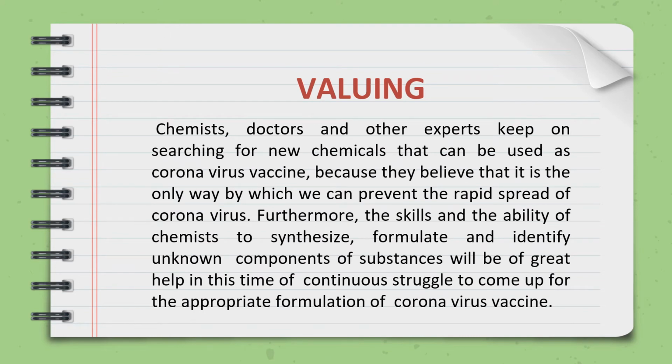Chemists, doctors, and other experts keep on searching for new chemicals that can be used as coronavirus vaccine because they believe that it is the only way by which we can prevent the rapid spread of coronavirus. Furthermore, the skills and the ability of chemists to synthesize, formulate, and identify unknown components of substances will be of great help in this time of continuous struggle to come up with the appropriate formulation for coronavirus.